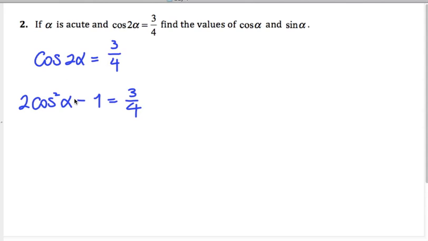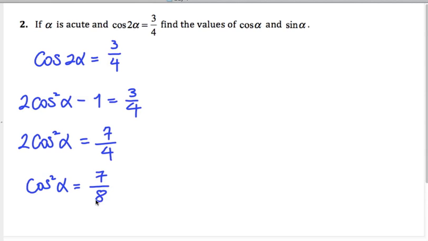So I'm using the identity to change cosine of 2 alpha into 2 cosine squared alpha minus 1. Okay, so add 1 to both sides. So I get 2 cosine squared alpha is equal to 7 over 4. And divide both sides by 2. So cosine squared alpha is equal to 7 over 8.